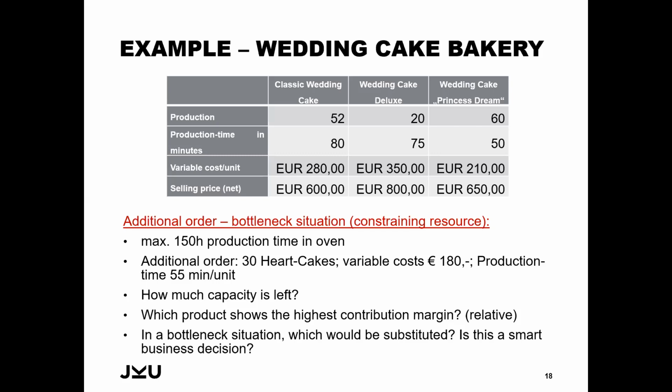But one question is how much capacity is left, and that would mean that we need to calculate the minutes times the max production per cake: 80 times 52, 75 minutes times 20, 50 minutes times 60, in order to get the capacity, how many minutes are actually already used up.